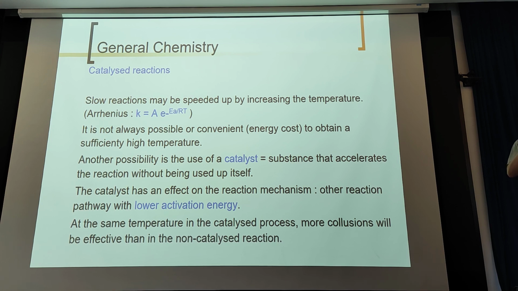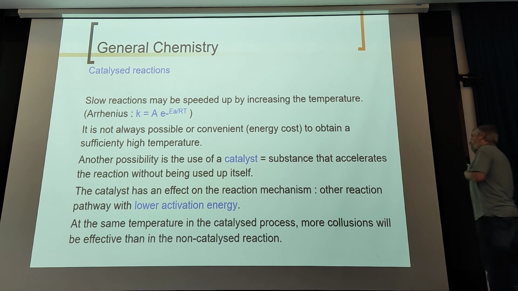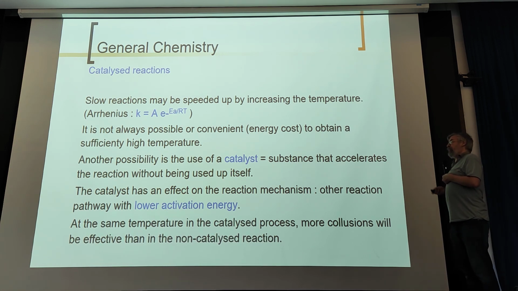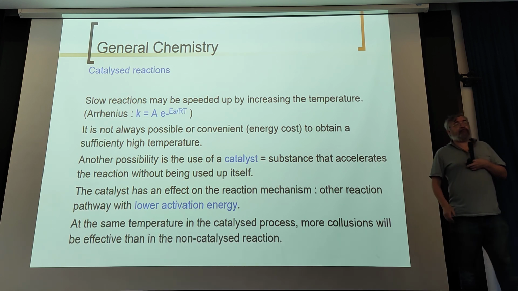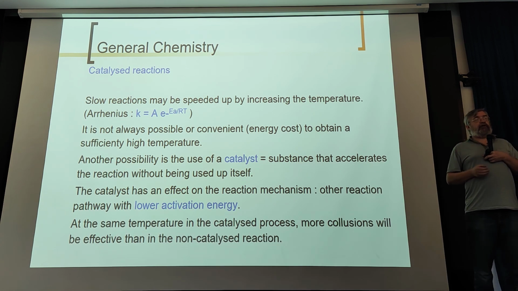It's not being involved in the reaction with its atoms. It's not present in the product, so it's not used up during the reaction. It just plays a transitory role. And the result will be the lowering of the activation energy. So, if you lower the activation energy, of course, at the same temperature, there will be more collisions that are favorable to the reaction.